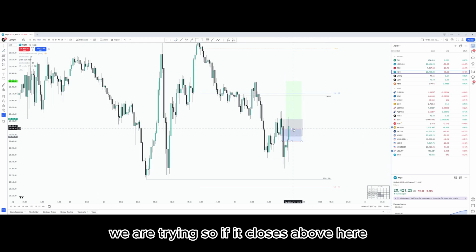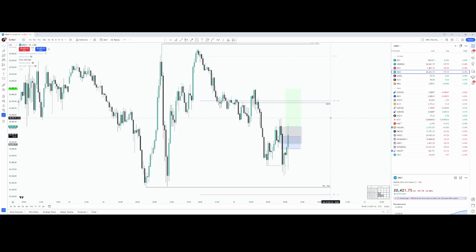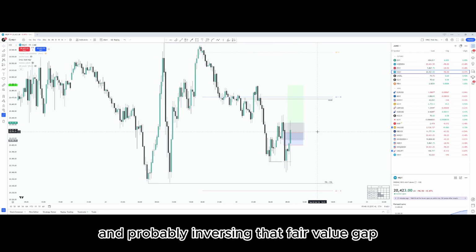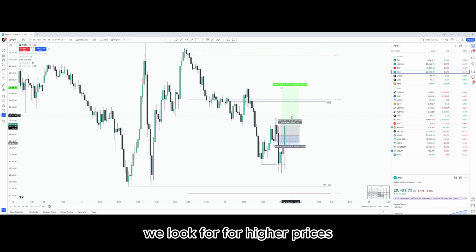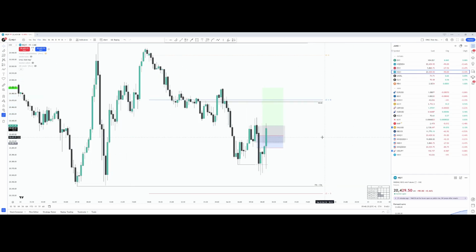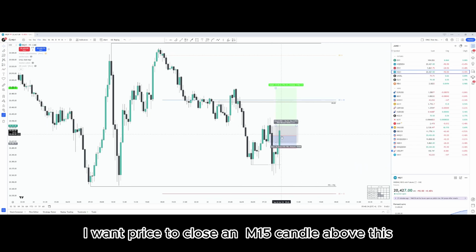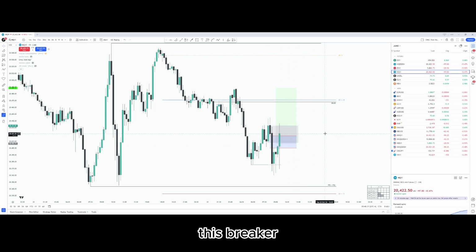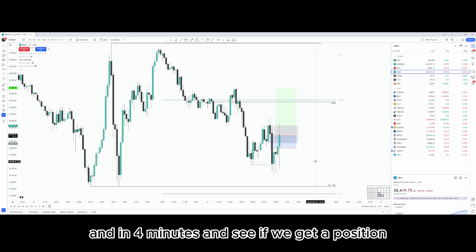So if it closes above here, this is an inversion play on the M15 and probably inversing that fair value gap could somewhat mean that we look for higher prices, but ideally I want price to close an M15 candle above this breaker. So waiting for this M15 candle to close in 4 minutes and see if we get a position.